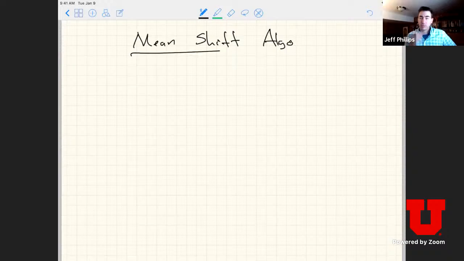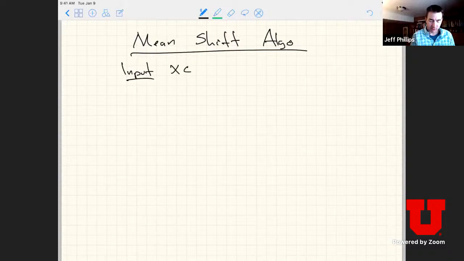Okay, so we're going to talk about the mean shift algorithm. It's also going to be a different sort of way of mixing Gaussians together, but through what's called a kernel density estimate instead. The input x is going to be in R^d.